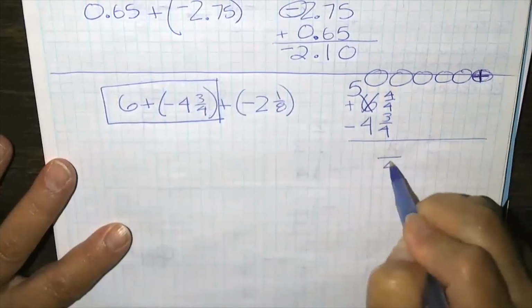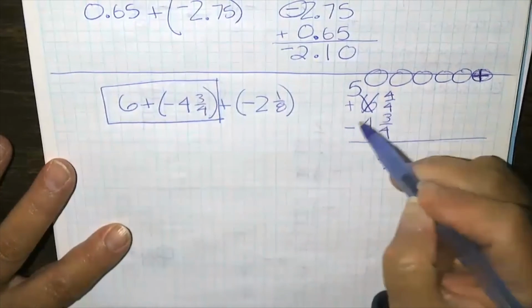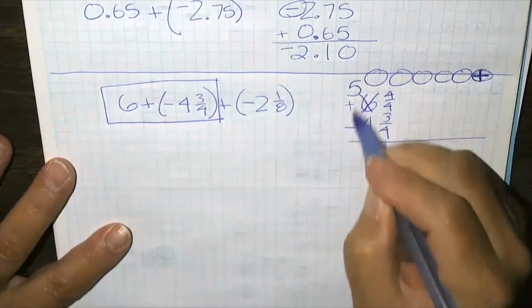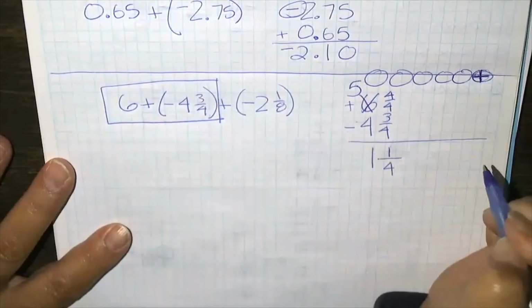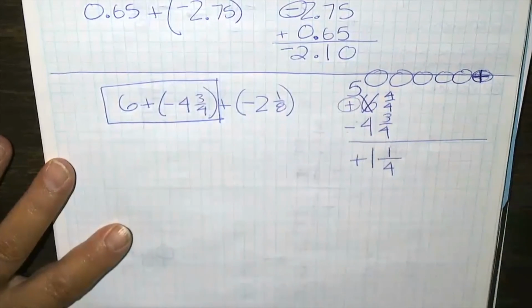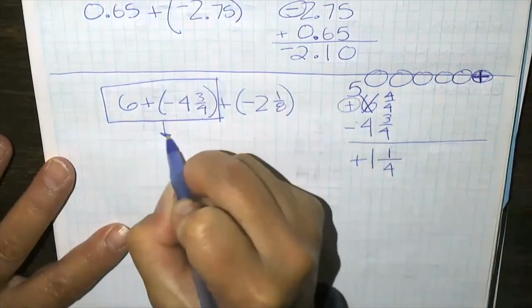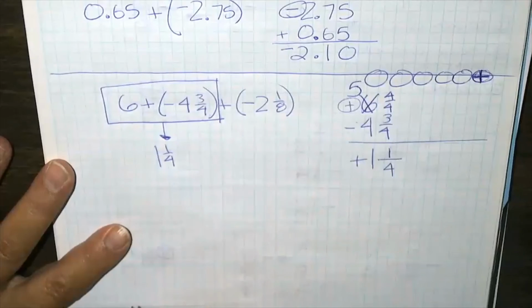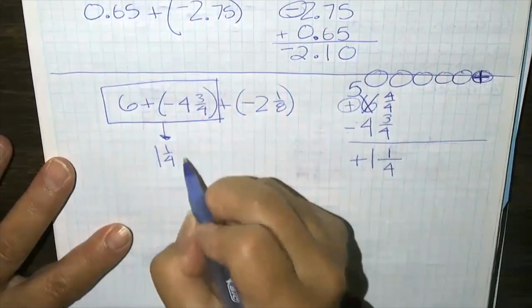My denominator comes down, I subtract. 4 minus 3 is 1. 5 minus 4 is 1. Keep the sign of my largest number. So all of this is equal to 1 1/4. Bring the rest of this down.